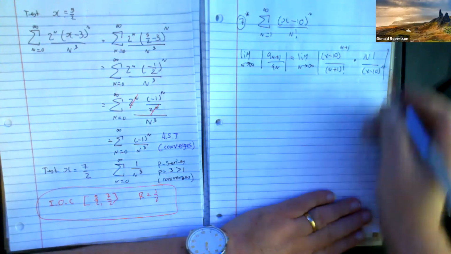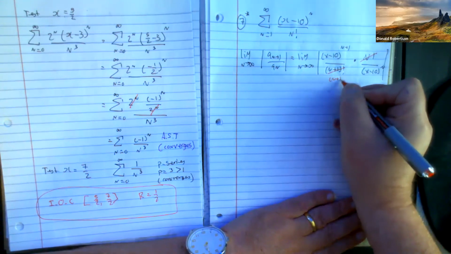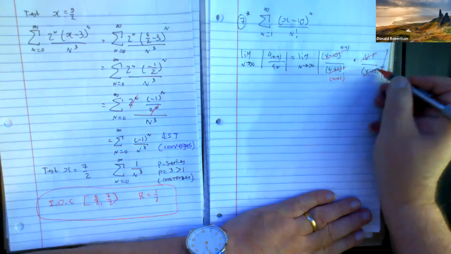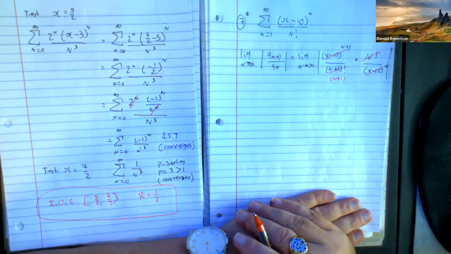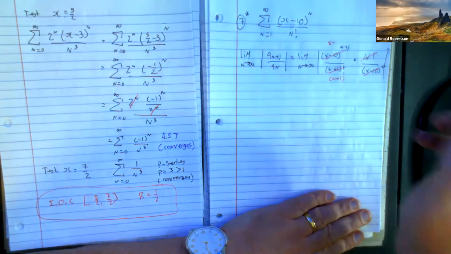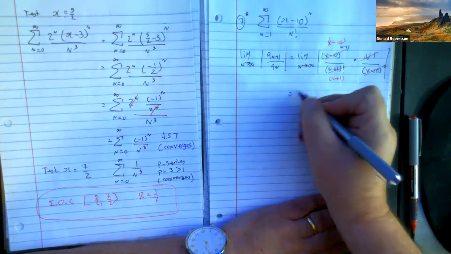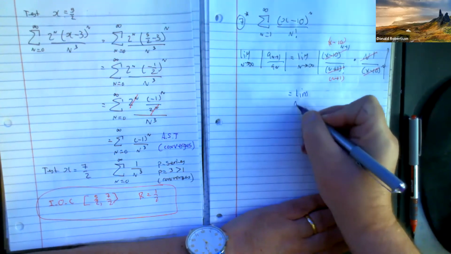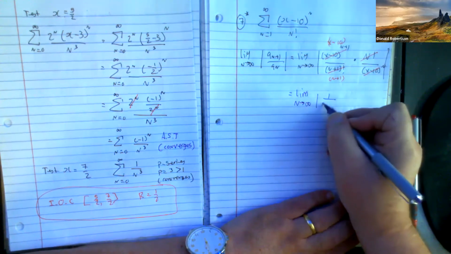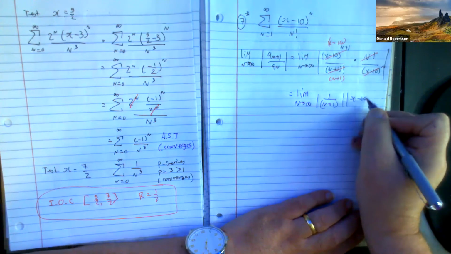And we got some cancelling. N factorial cancels with this guy and leaves n plus 1. X minus 10 to the n plus 1 cancels out x minus 10 to the n. And this time you get x minus 10 left over. So we're looking at the limit as n tends to infinity of essentially that guy and this guy.